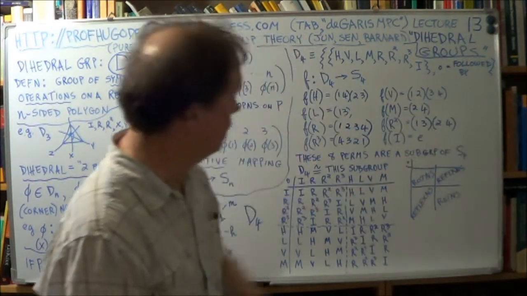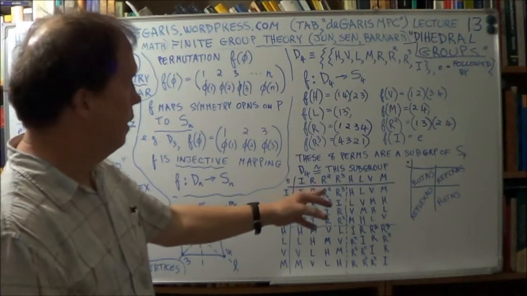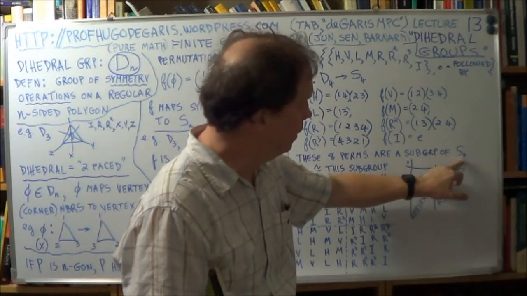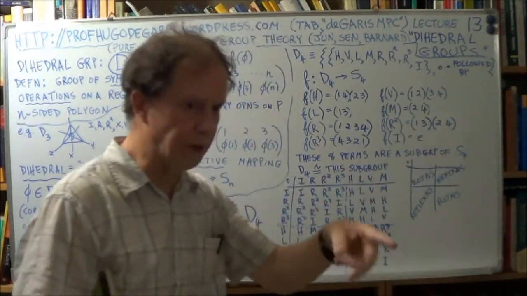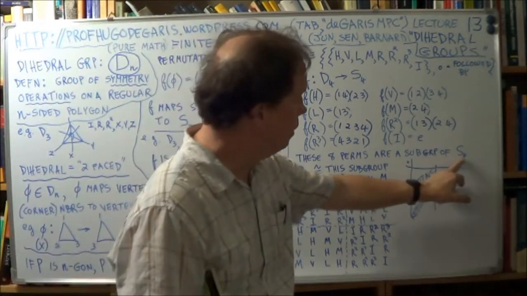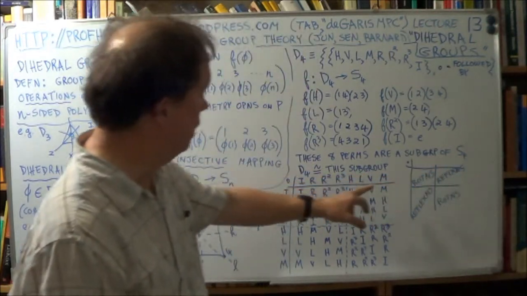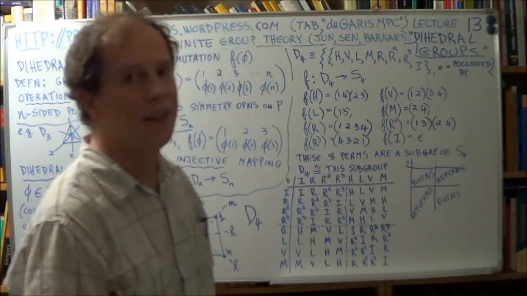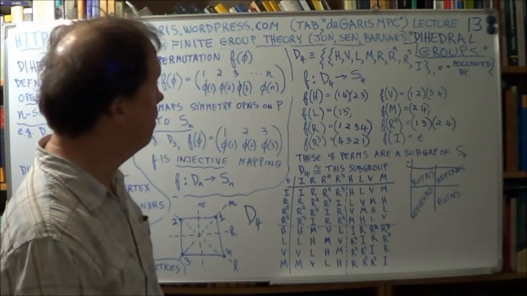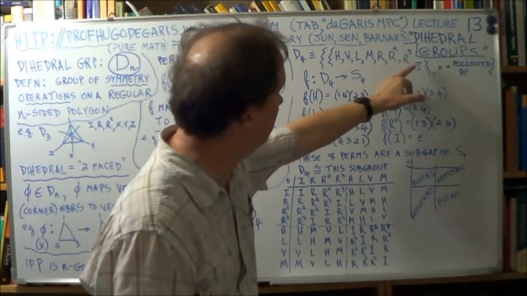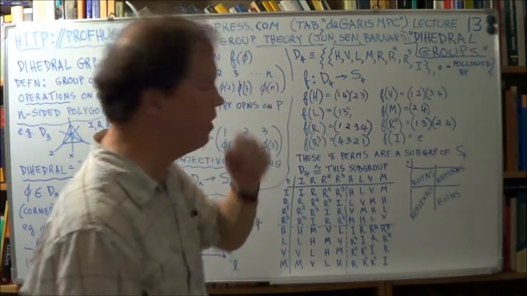Right? Now the order of the symmetric group of 4 objects is 4 factorial. That's 24. So the order of S4 is larger than this group. This group here has 8 members. The order of this is 8. Right? Here they are. Here are your 8 members. Symmetry operations.